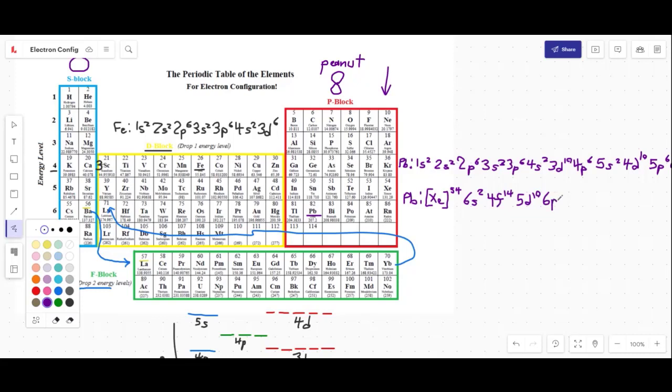And then after that, it's going to be 6p2. So basically, noble gas configuration saves you a lot of time.